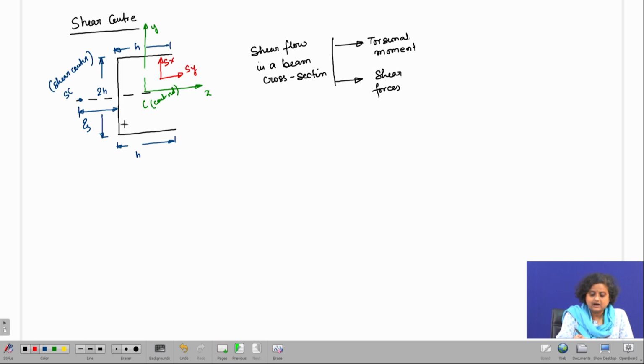If we choose any arbitrary point P on the cross section, both Sx and Sy are going to produce a torsional moment about the point P.